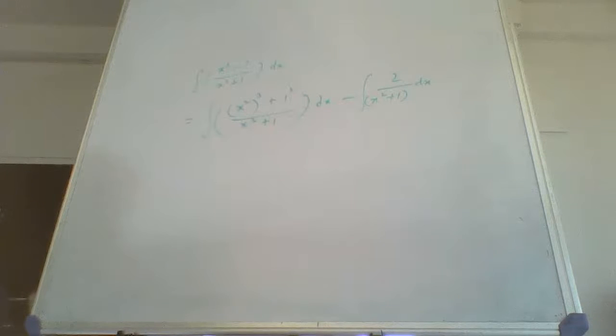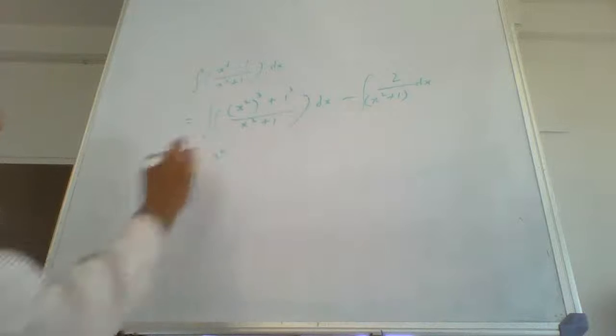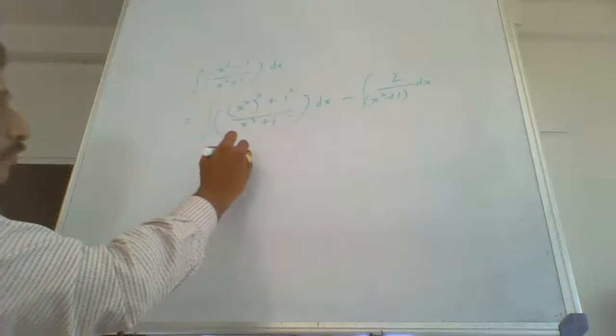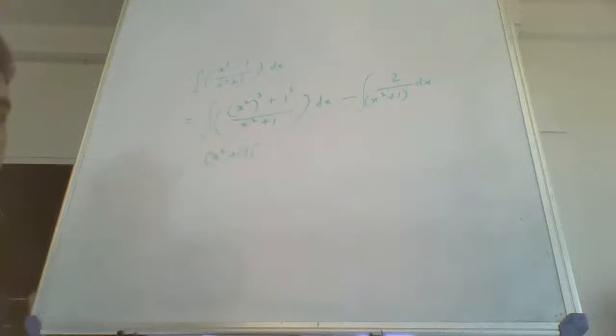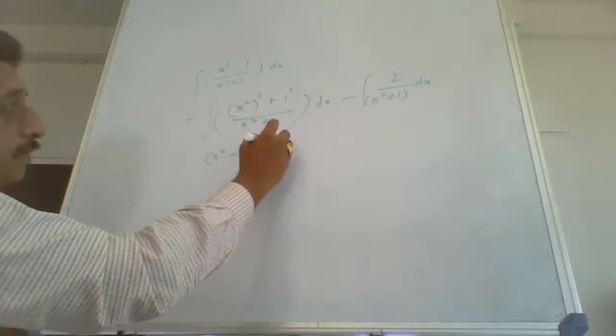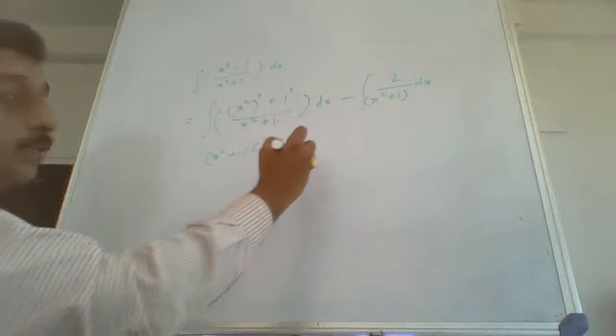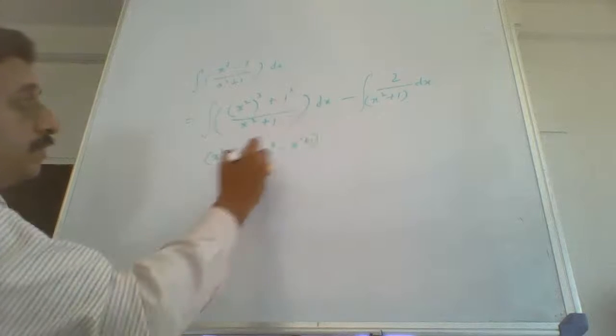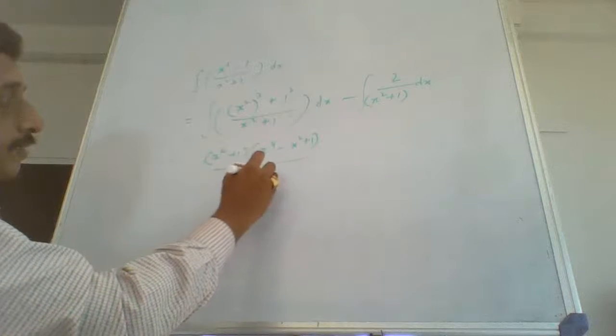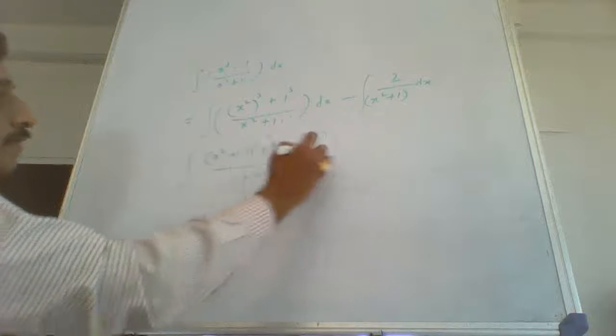Now further, to solve this, let us try to solve this. So this can be written as x square plus 1 into x power 4 minus x square plus 1 divided by x square plus 1 integral dx.